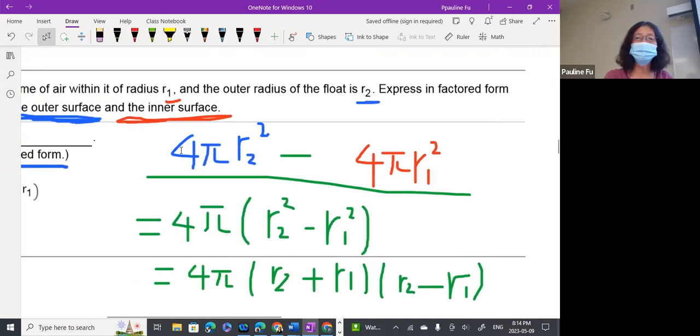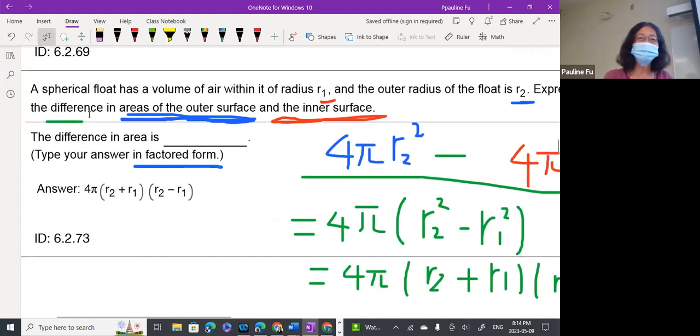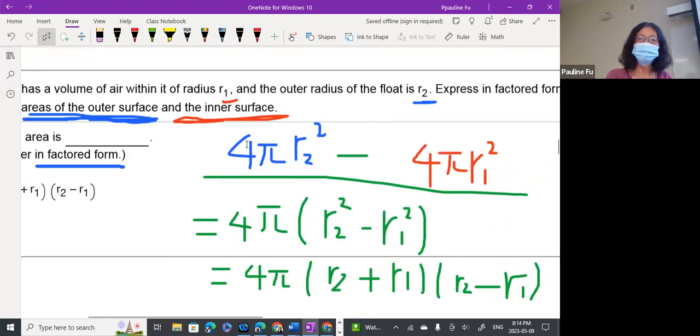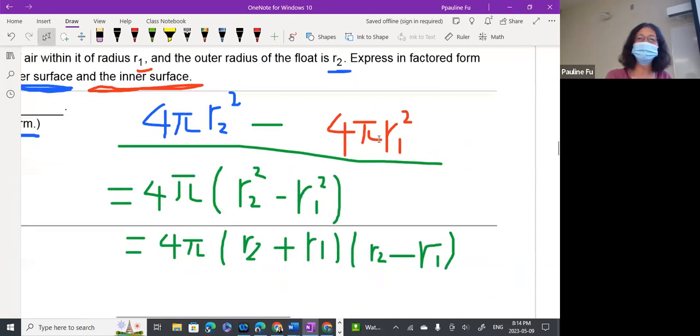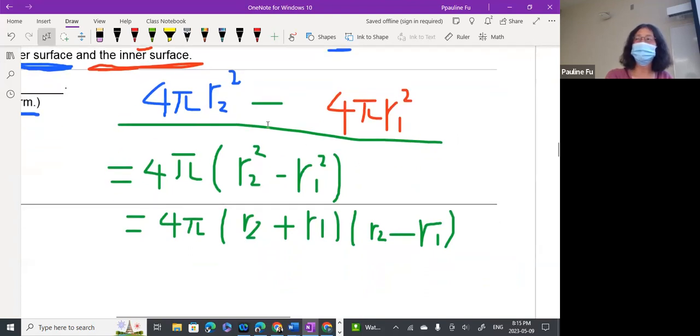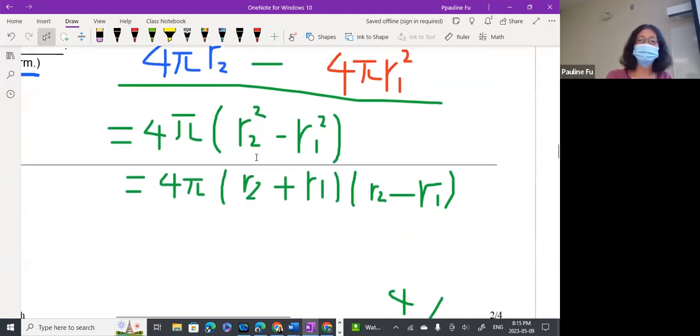Okay, you have a big sphere, then you have a small one inside. So it asks you to find the difference between the bigger sphere minus the small sphere. So the bigger sphere is 4 pi r2 squared. The smaller one, 4 pi r1 squared. You just do the difference. Then factor out 4 pi and factor r2 squared minus r1 squared. So this is the final answer.